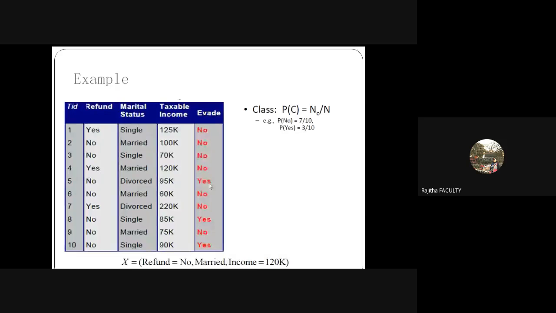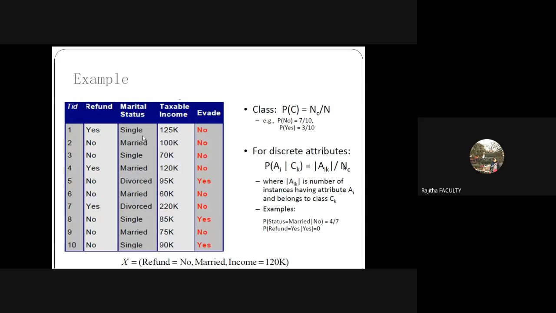So among the total classes, the no probability is 7 by 10, and the yes probability is 3 by 10, right? Like this, I need to find the probability for each and every field. When refund is yes, what is the probability for no? When refund is yes, what is the probability for yes? That means yes with the combination of no, yes with the combination of yes.